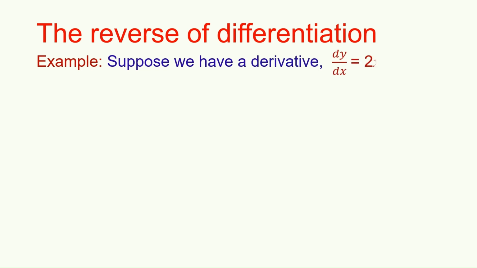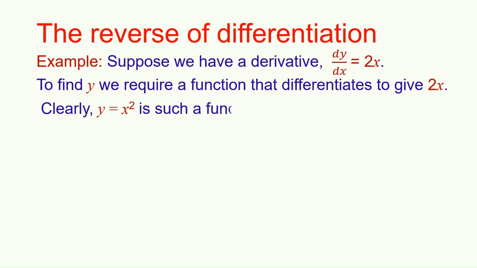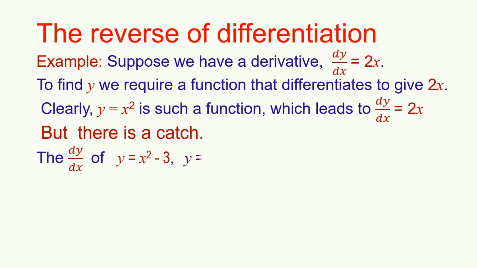We take an example. Suppose we have the derivative dy/dx equals 2x. To find y, we require a function that differentiates to give 2x. Clearly, y equals x squared is such a function, which leads to dy/dx equals 2x. But there is a catch.